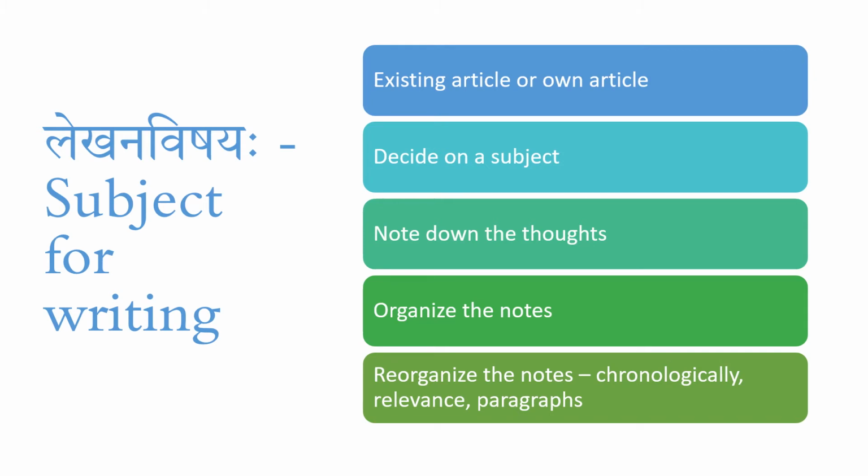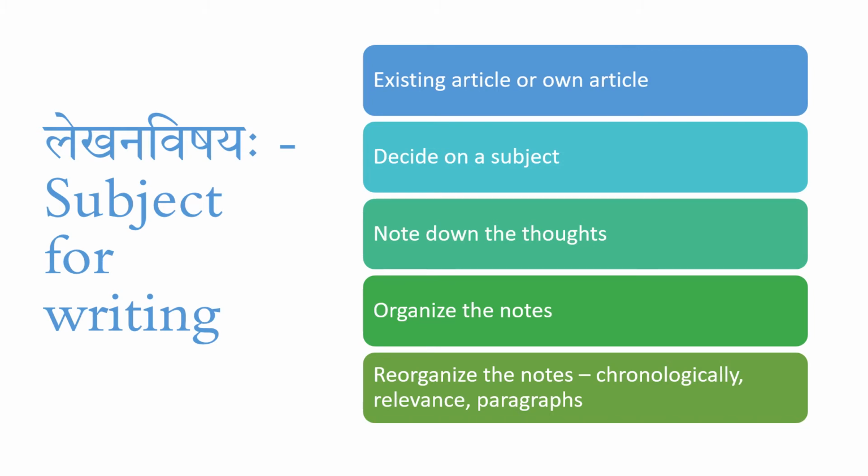Then they can transition to own articles. They can pick up, for example, their events or their daily experience, or their experience with travel, experience in school, experience at work, or how they felt about a movie, or some current affairs or some festival.